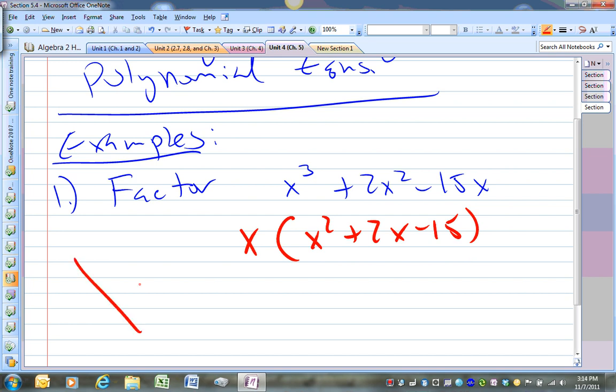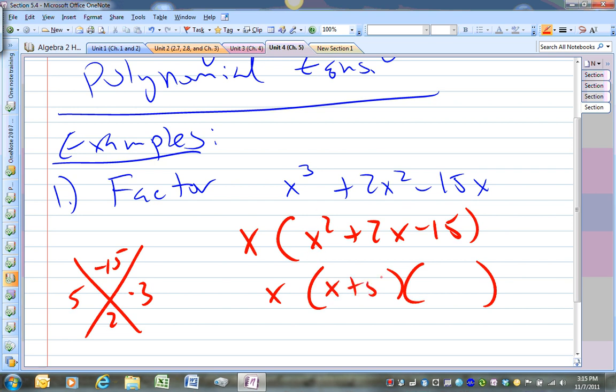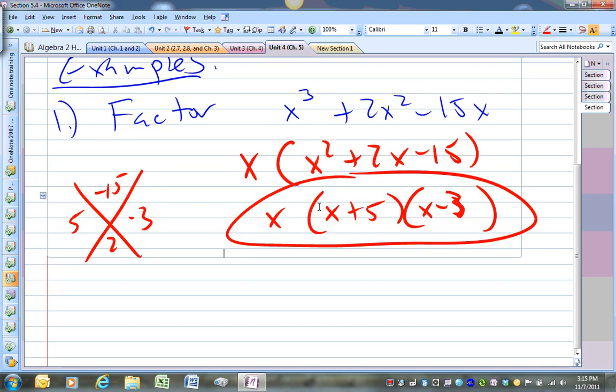And then you do your little diamond, negative 15 and 2. 5 and negative 3. And because the leading coefficient of your quadratic term is now 1, because you just have plain old x squared, you get that. Pretty easy, right? So can I just review? Let's look at another one.